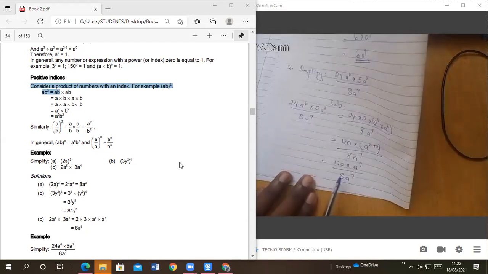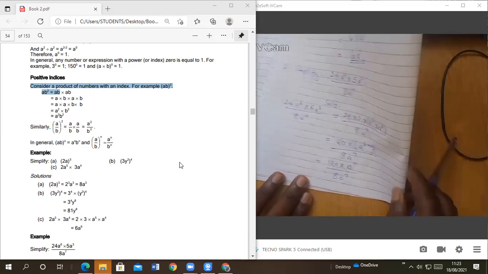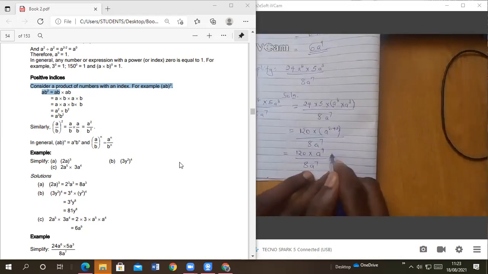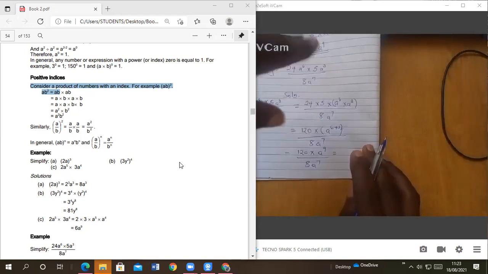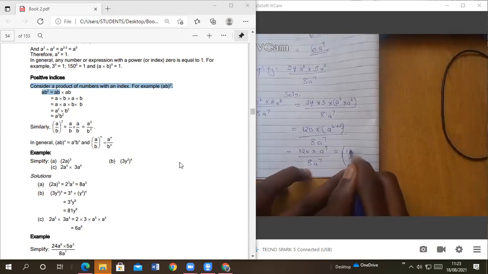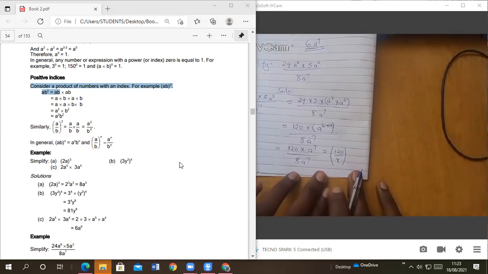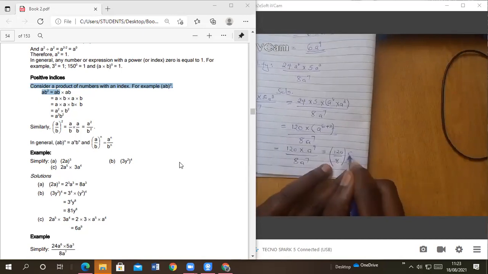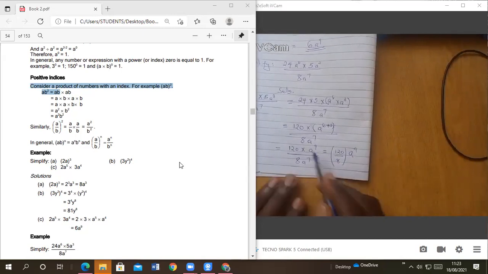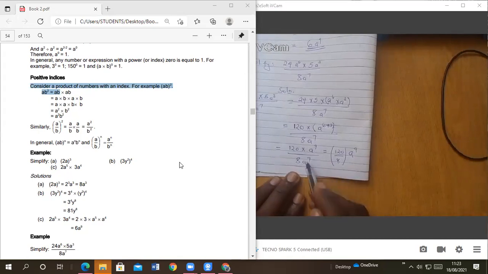So when you look at this, 120 and 8, we shall divide them normally. So it is the same as saying 120 divided by 8. Then a to the power 9, we are dividing this one now. What do we do to the powers?